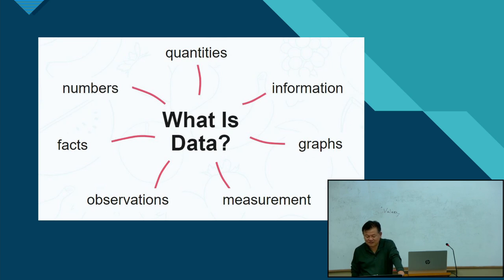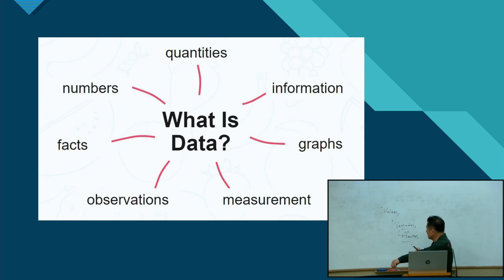Data may be used as variables. Variables are some factors. Variables have two kinds: independent variables and dependent variables. Variables are moving, fluctuating.